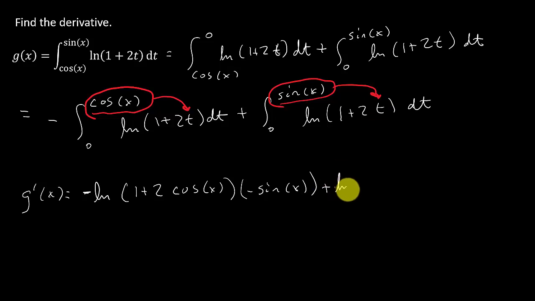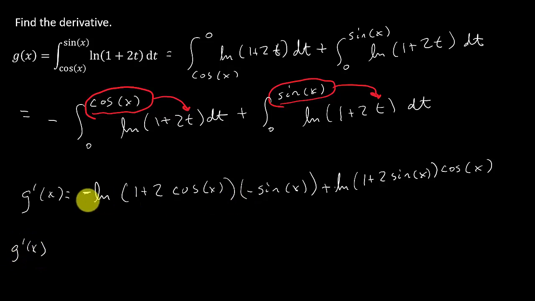So that's natural log of 1 plus 2 sine x, and then times the derivative of sine x, which is cosine x.